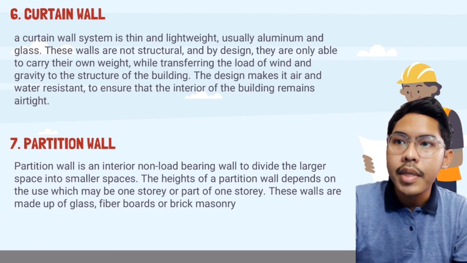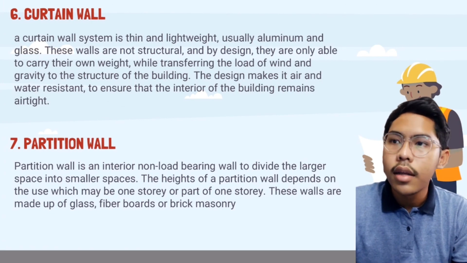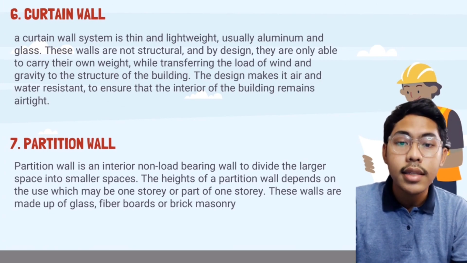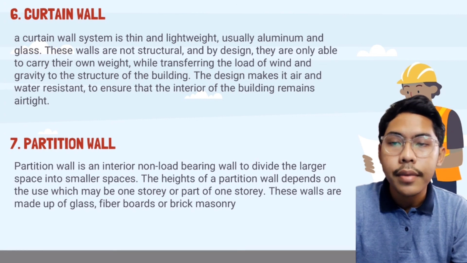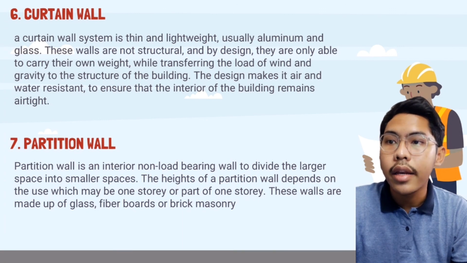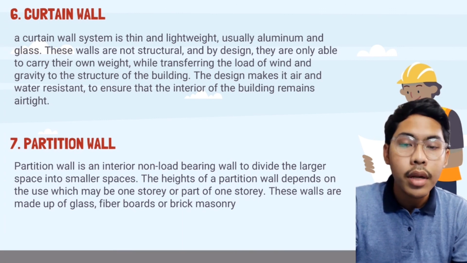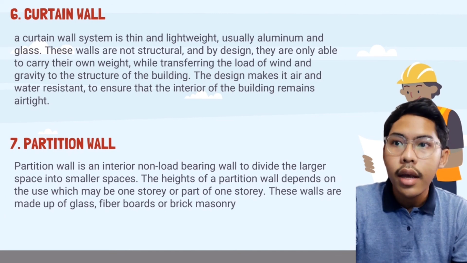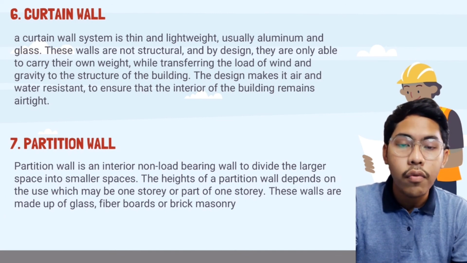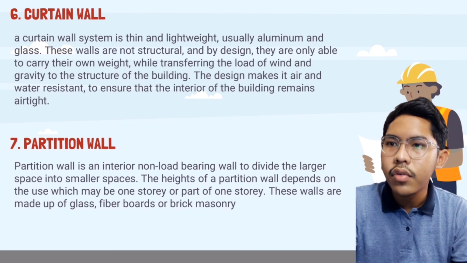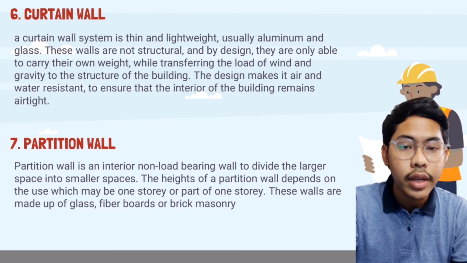Okay, next, number 6, the curtain wall. A curtain wall system is thin and lightweight, usually using aluminium and glass. These walls are not structural, and by design they are only able to carry their own weight while transferring the load of wind and gravity to the structure of the building.